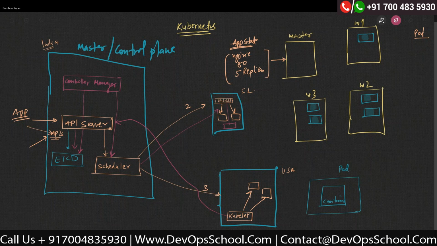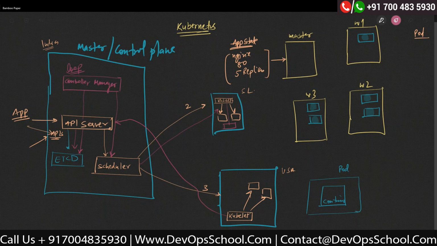Okay, so controller manager always runs in a loop. Other components are all event based. All right, so these are the components that are in play when you use Kubernetes cluster.